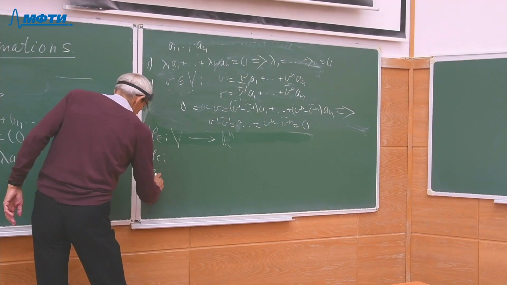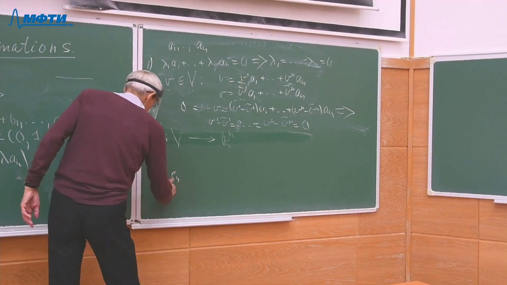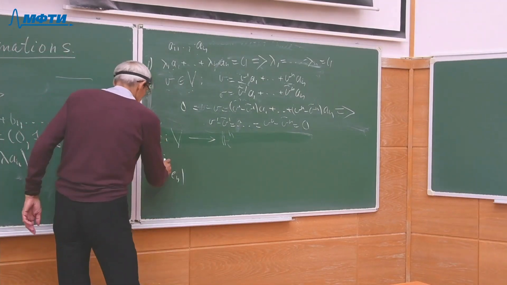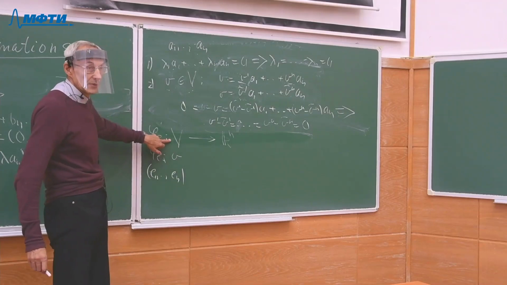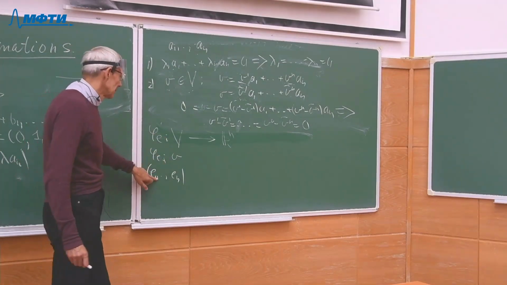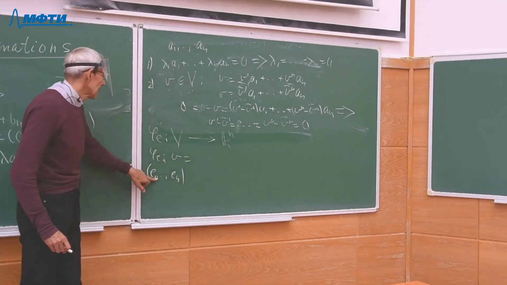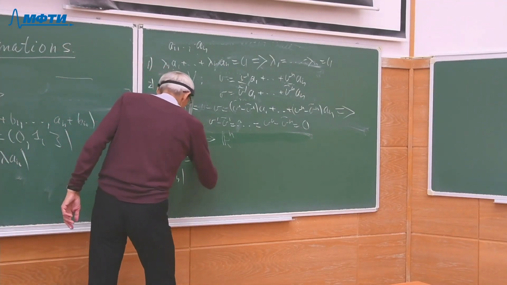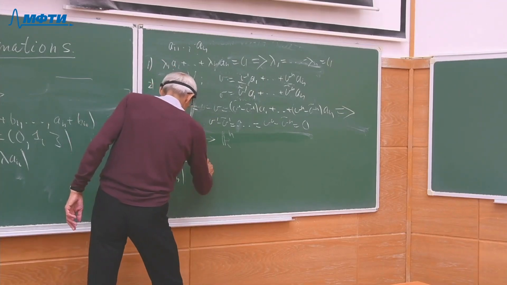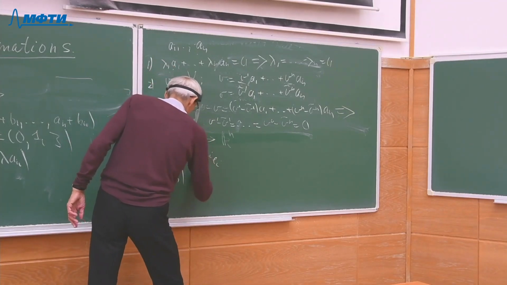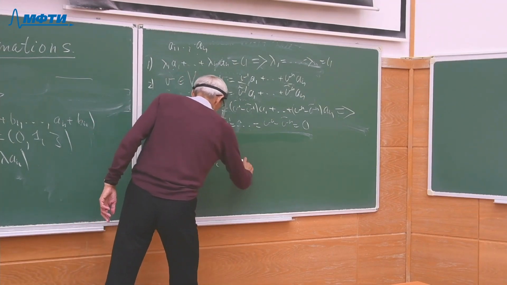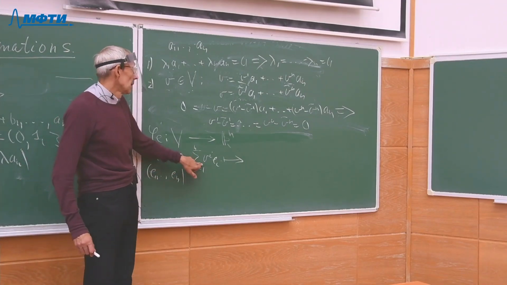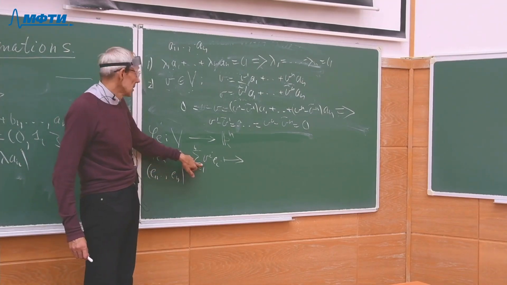This correspondence is defined by the following formula. We start with some basis e1, en in the vector space V, and if we have an arbitrary vector of the vector space V, we can expand it in terms of the vectors of the basis, and this expansion is uniquely defined, and we can correspond to this vector the coefficients of this expansion.